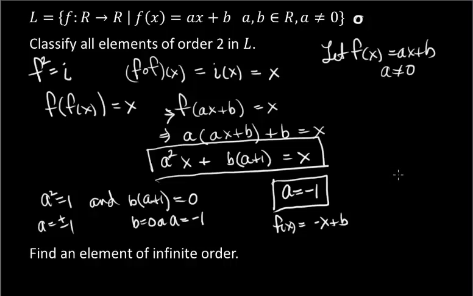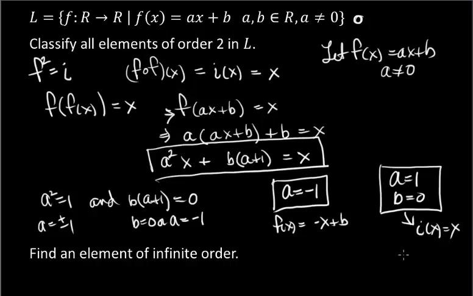Now, if a is equal to 1, then b has to be 0. So this gives us the function y equals x, the little iota of x. This is the identity function, and we know that the identity, when you square it, you get the identity. But the other ones are these functions here.